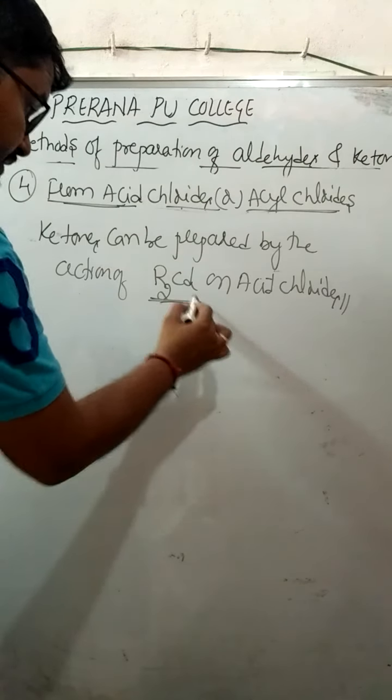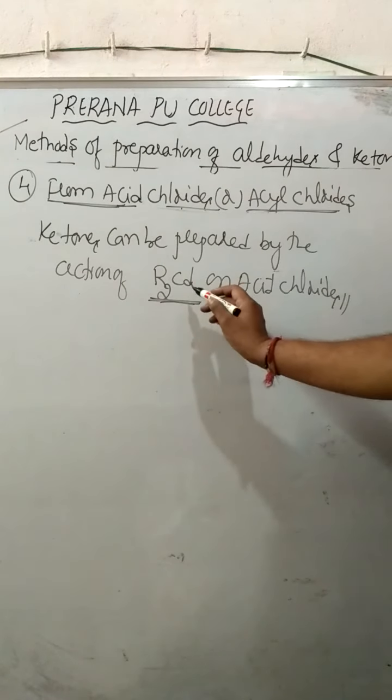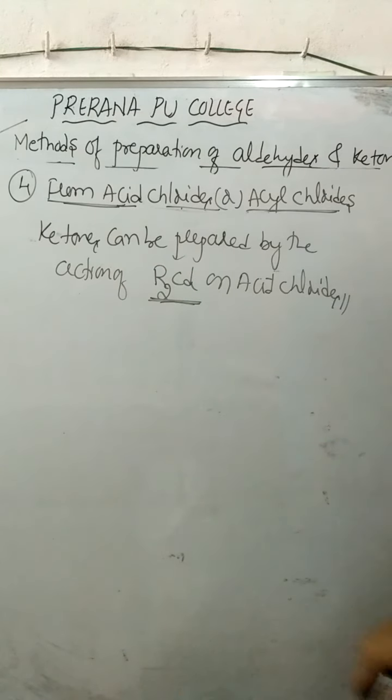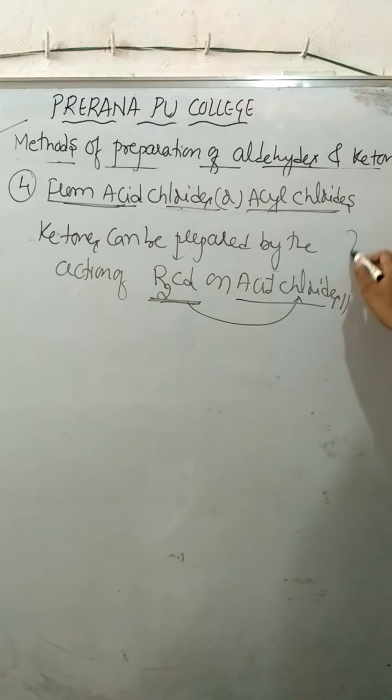Now the question arises, how is this dialkyl cadmium prepared, and how does this dialkyl cadmium react with acid chloride? This will be the major question now.